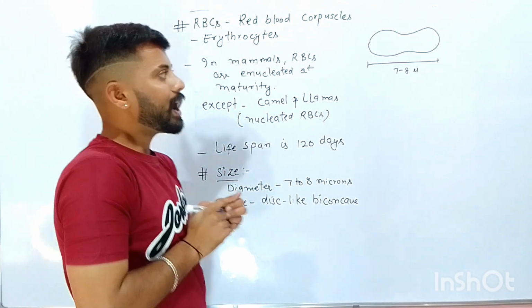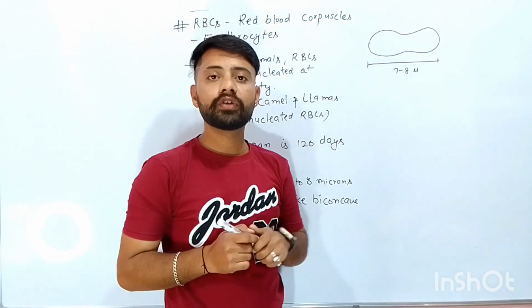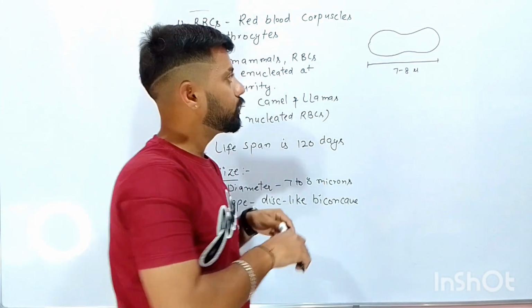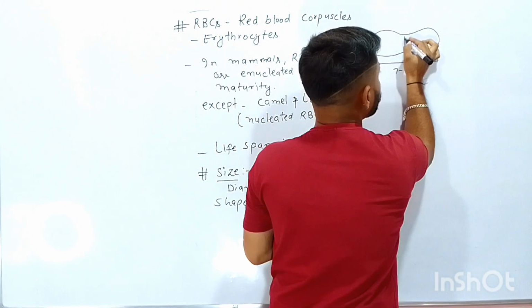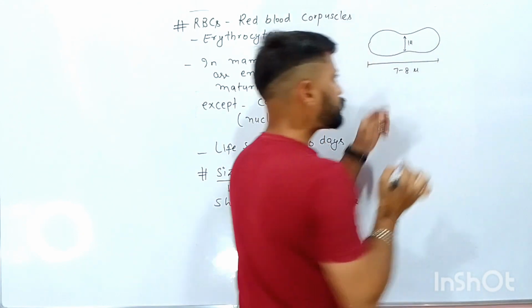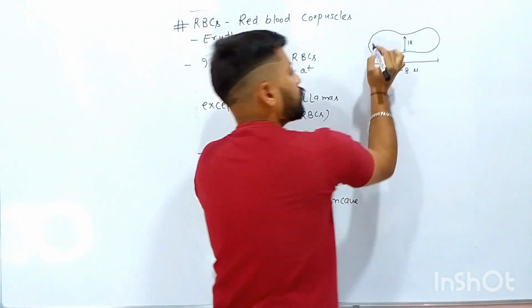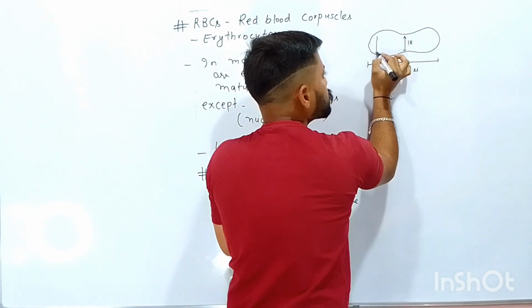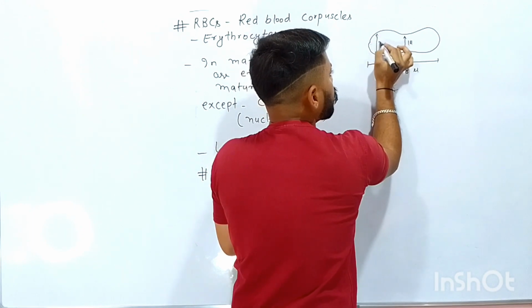The thickness of RBCs is different in different regions. In the central part, it is 1 micron thick. But as we move towards the peripheral region, the thickness becomes 2 microns.